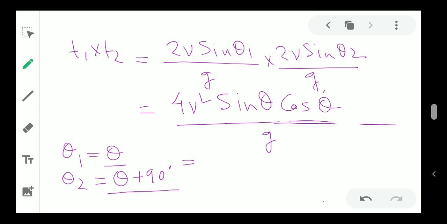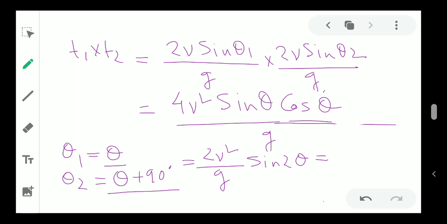So if I take 2 from this 4, then I can write 2 v square by g into 2 sine theta cos theta. Now 2 sine theta cos theta is the formula for sine 2 theta. So instead of 2 sine theta cos theta we can write sine 2 theta.